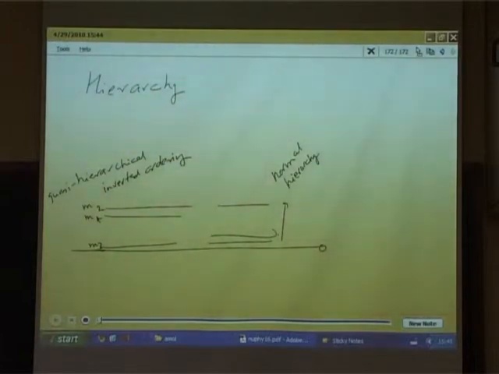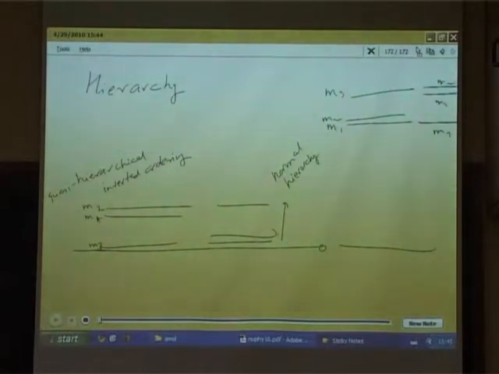On the other hand, if 0 is here but your masses are here, then they are not hierarchical. All these three have to be almost the same. These are often called quasi-degenerate, almost degenerate but not exact.